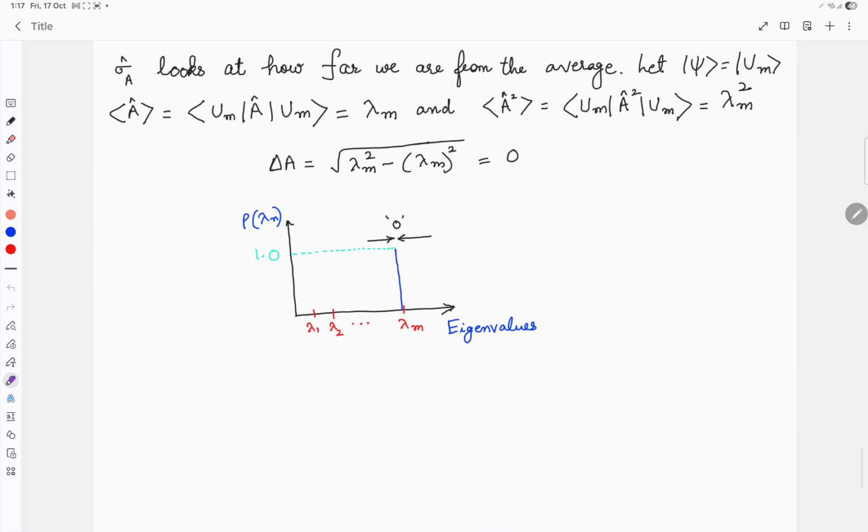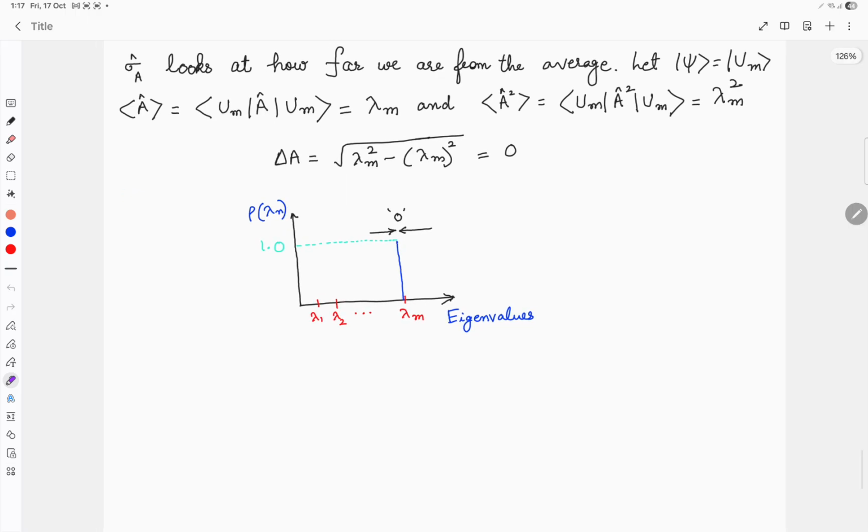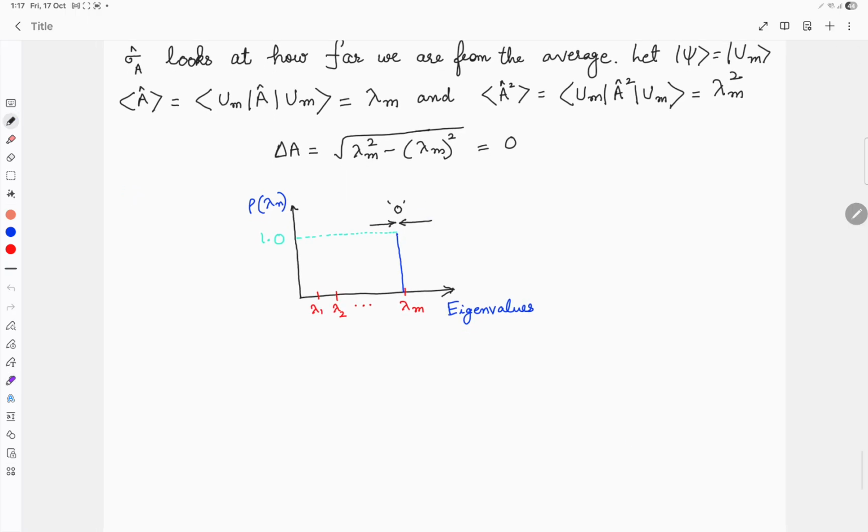So if this quantity delta A is showing the spread, let me just write it here: this becomes delta A, and delta A is approaching 0, right, when the quantum state is one of the eigenstates. So that's just the diagrammatic representation of the case when the quantum state is one of the eigenstates.